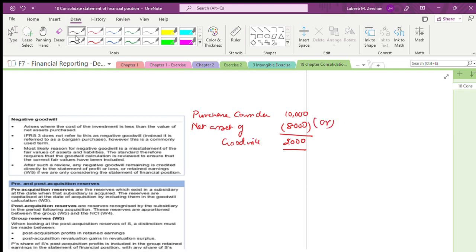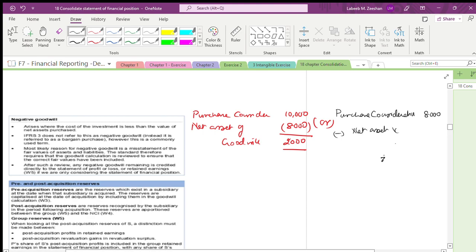Or the other way around: your purchase consideration is 8,000, and the book value, the net assets value, is 10,000. Now you will not get positive, you will get negative.